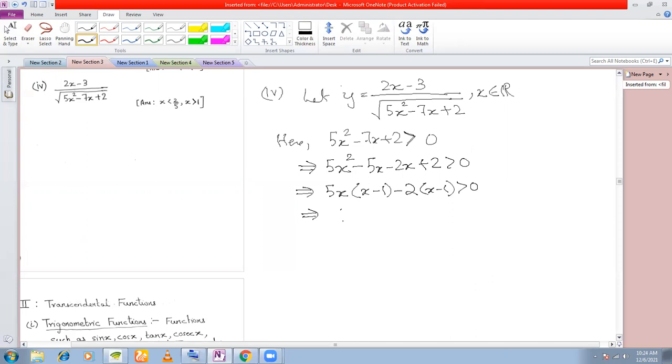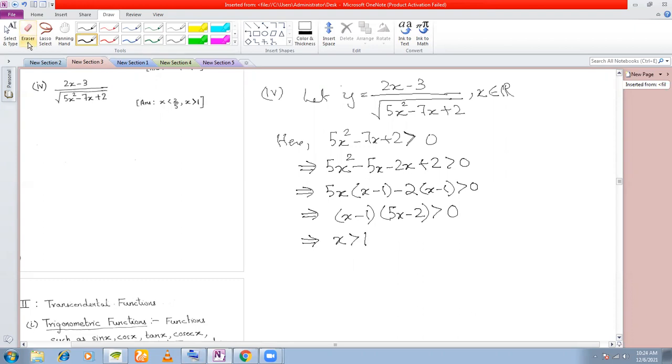Means you have x minus 1 into 5x minus 2 greater than 0, right? So now, how do you find what are the range of values of x here?